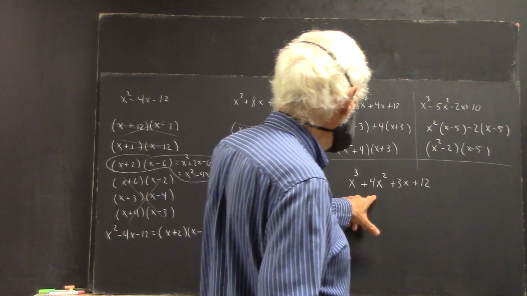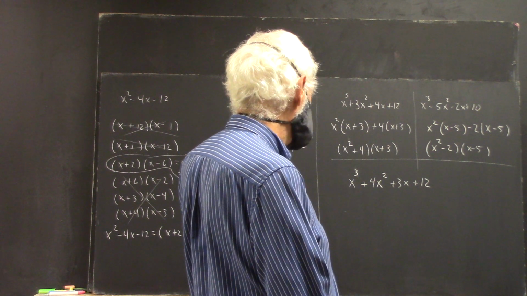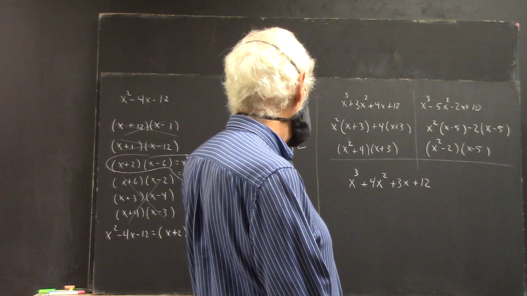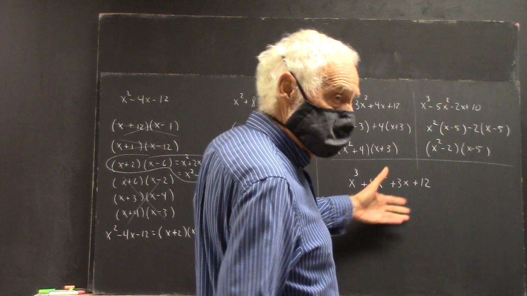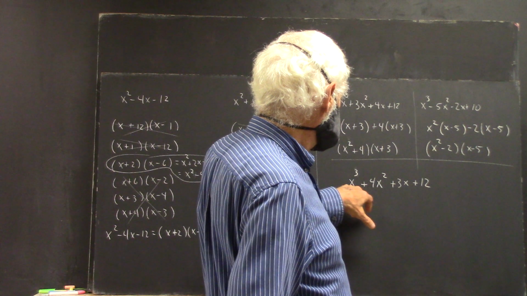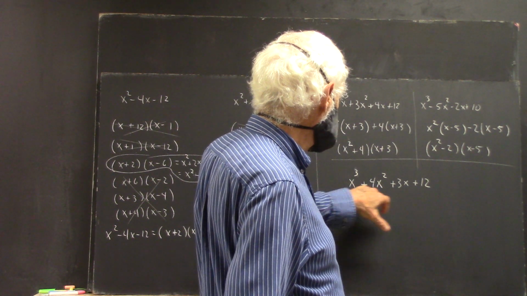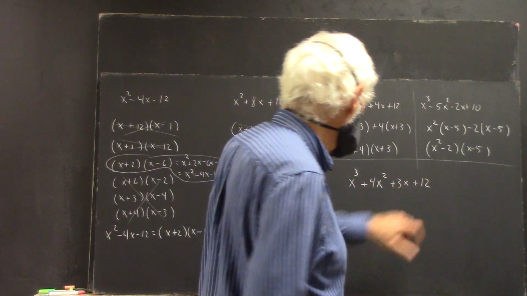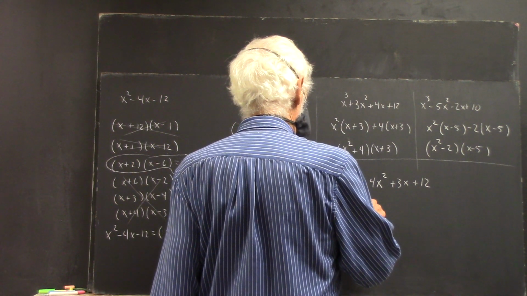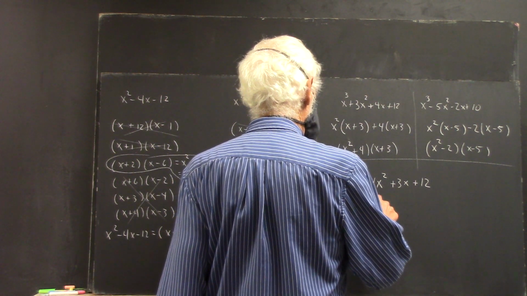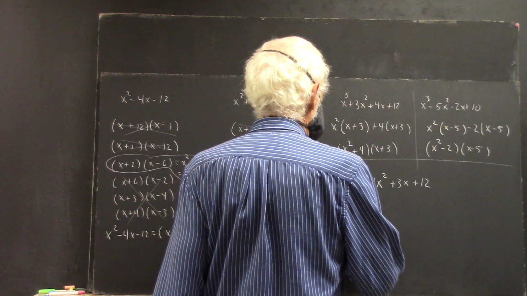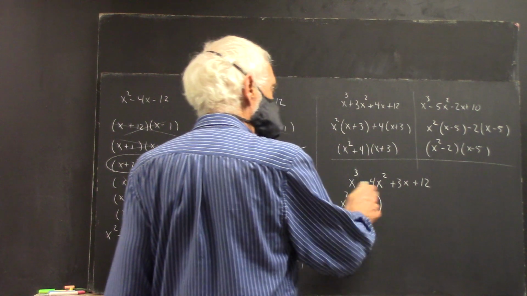I get an x plus 4. Well, actually, I can factor a 3 out of that one, so that's not really good. Well, there's 2 ways I can look at this, okay? It works if I factor an x out of this and an x out of this. So let's just do that. X times x squared plus 4x squared. X squared times x plus 4.